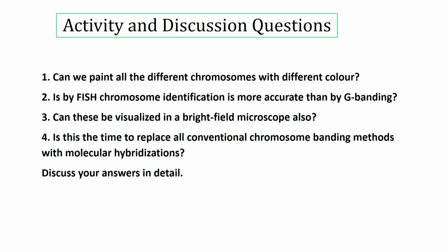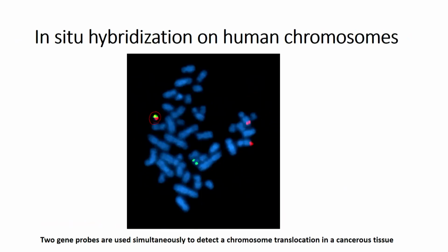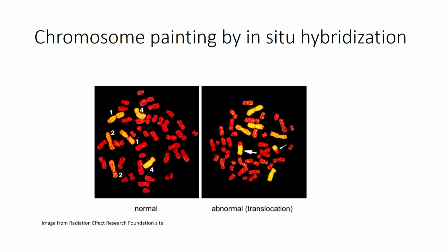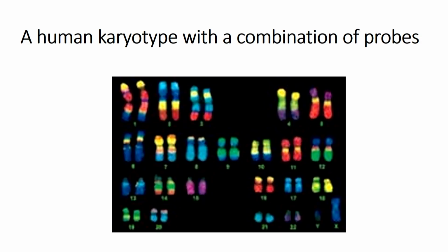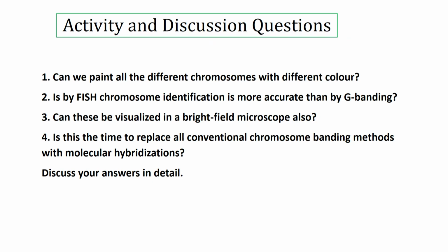I will say once again that if it is single gene identification, you can see here, then FISH is much better than any banding or any other technique. But if it is full chromosome karyotyping, G banding karyotyping will be much better.